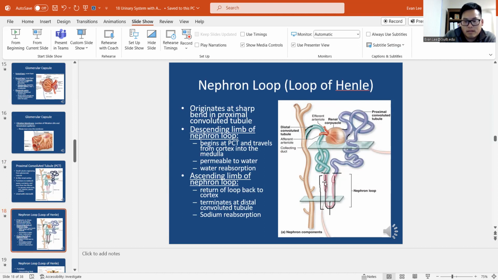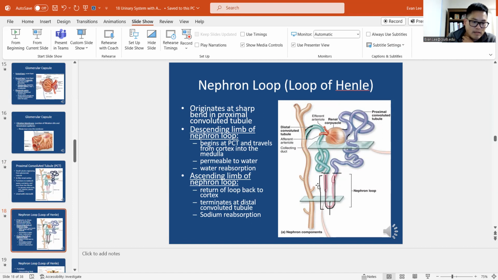But you can do the same thing on this side as well, where in this case, it's connected to the distal convoluted tubule, and then also the collecting duct. So you can look at either side, but you just need to know if it's connected to one or the other, it'll either be ascending or descending.